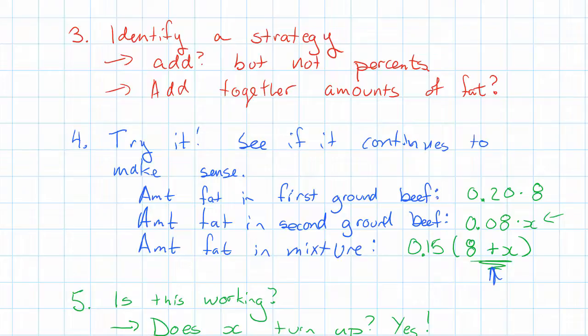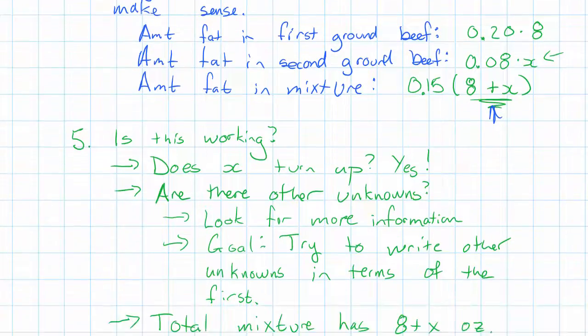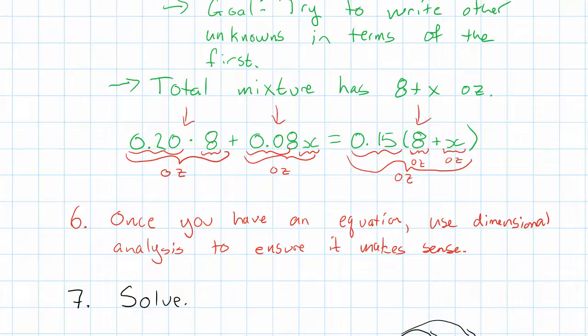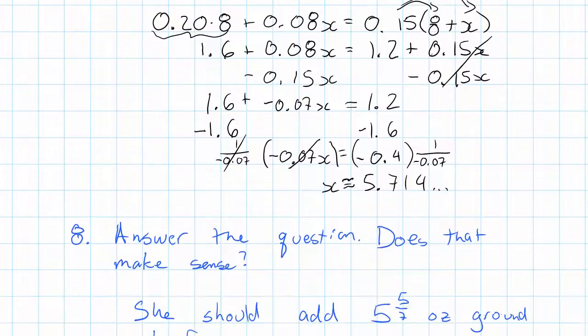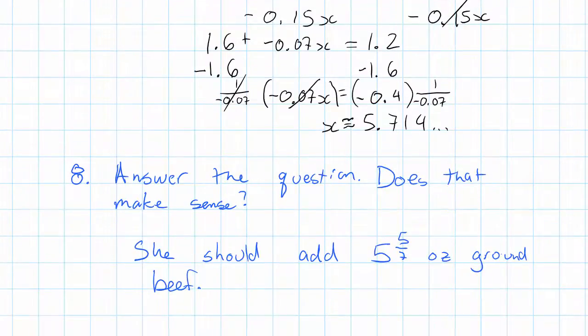If the strategy we came up with had not worked, we could have gone back and tried to come up with a different strategy. Right? We made sure that our equation made sense before we went to a lot of trouble using algebra. And then we used algebra to solve our equation. Finally, we took our solution back and we answered the question with it.